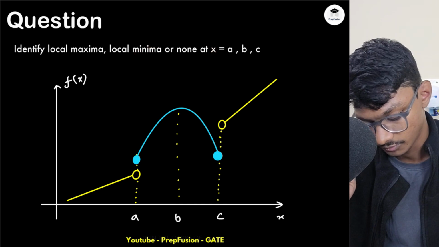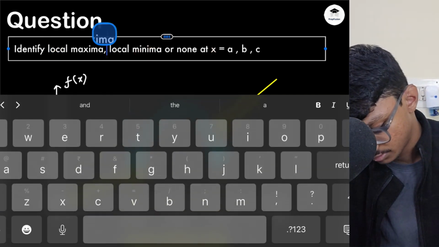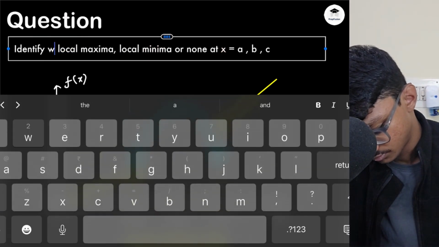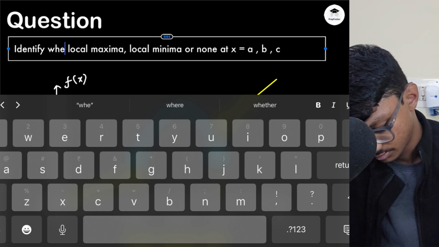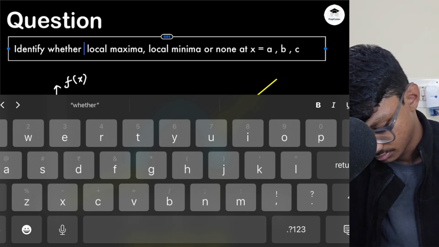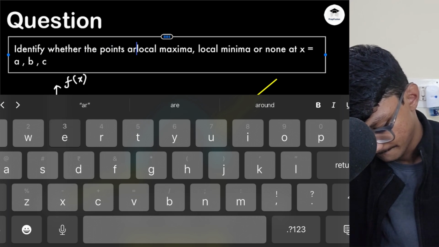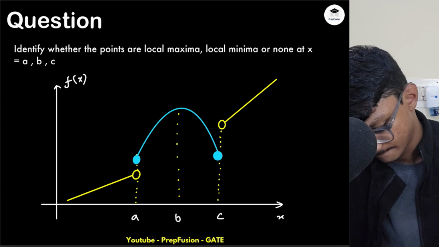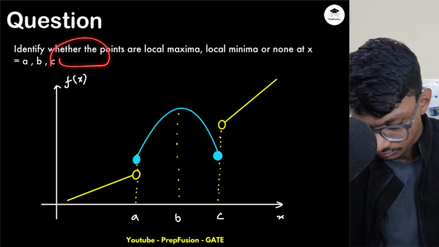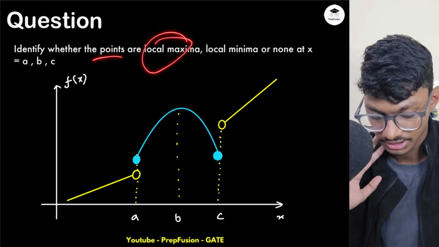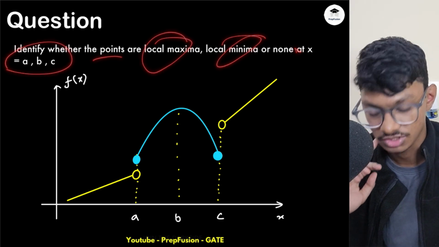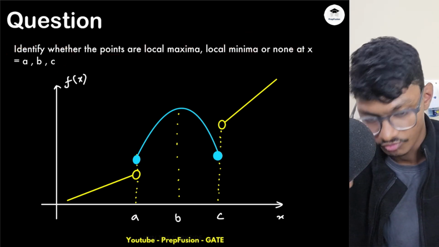Okay, identify whether the points are local maxima, local minima, or none at x equals a, b, c. You have to identify this.